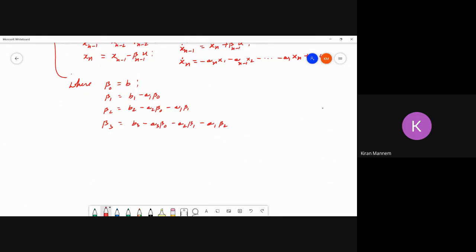So similarly, I will get beta n is equal to bn minus an into beta naught minus an minus 1 into beta 1 and so on, minus a2 into beta n minus 2, minus a1 into beta n minus 1.